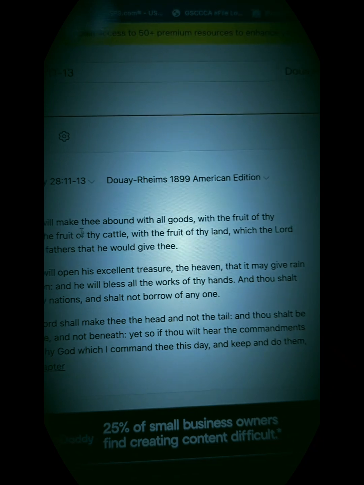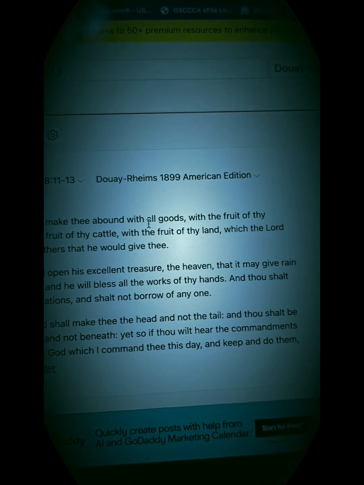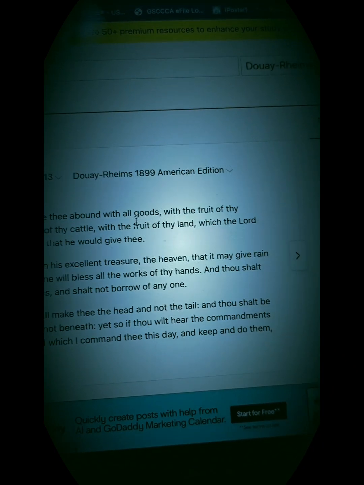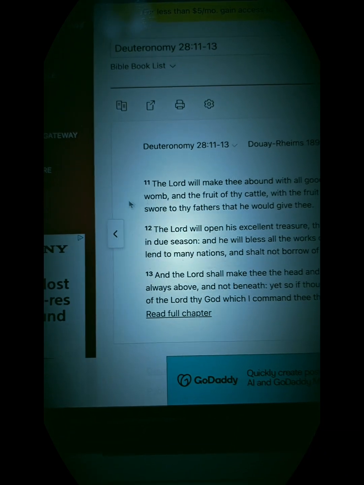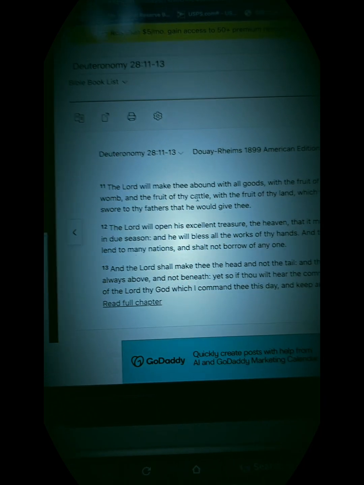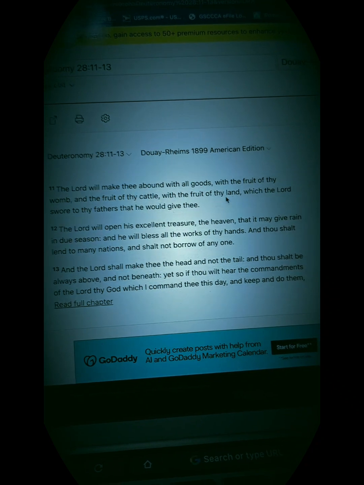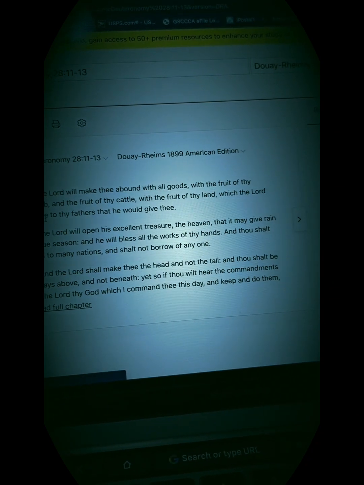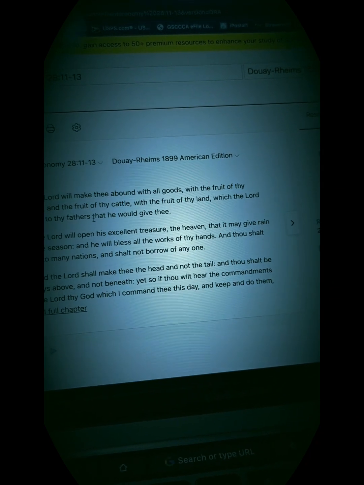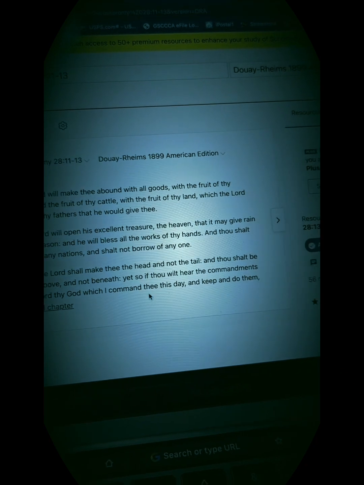The Lord will make thee abound with all goods, in the fruit of thy womb, and the fruit of thy cattle, with the fruit of thy land, which the Lord swore to thy father that he will give thee.